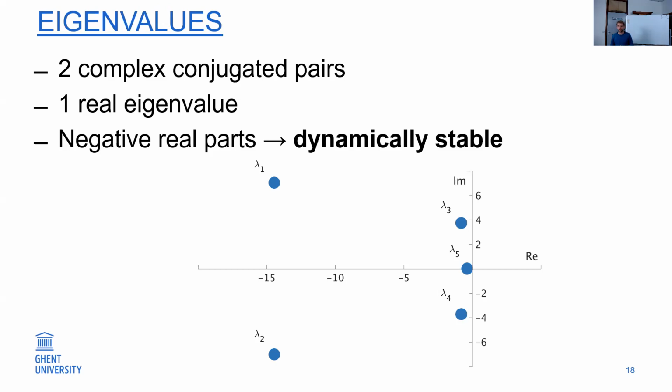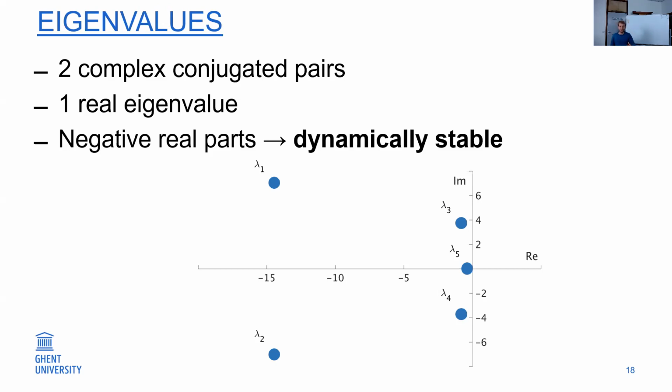The other thing we can see is that we have a real eigenvalue, but also two complex conjugate pairs. Complex eigenvalues always exist in pairs, and they lead to an oscillating motion which gradually dampens out. A real eigenvalue with a negative real part leads to an exponentially decreasing motion.